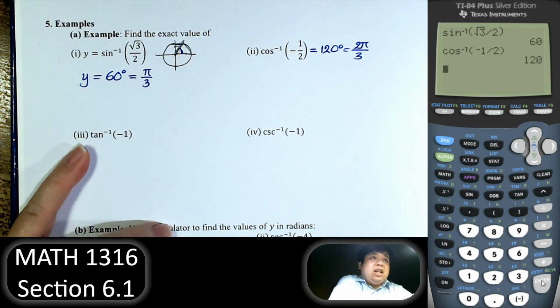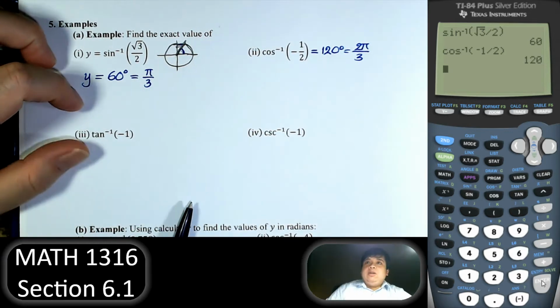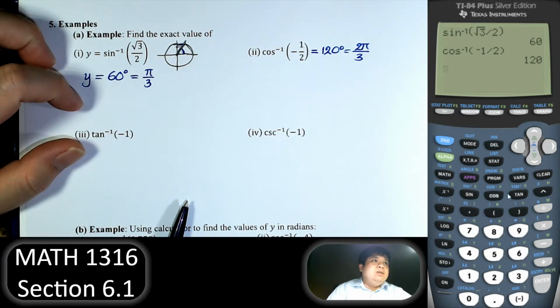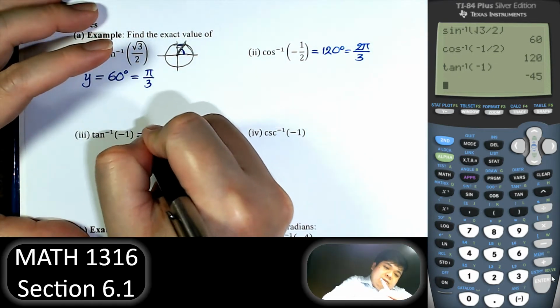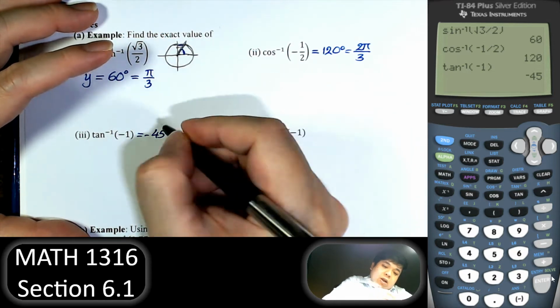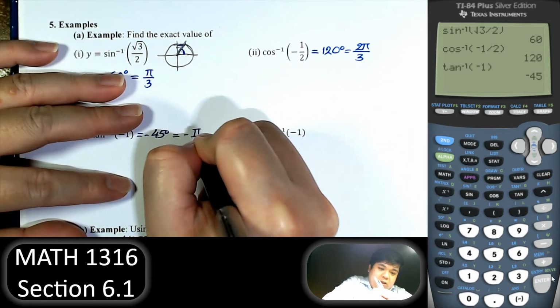Tangent inverse of negative 1, of course, that's negative 45 degrees, which is of course negative pi over 4.